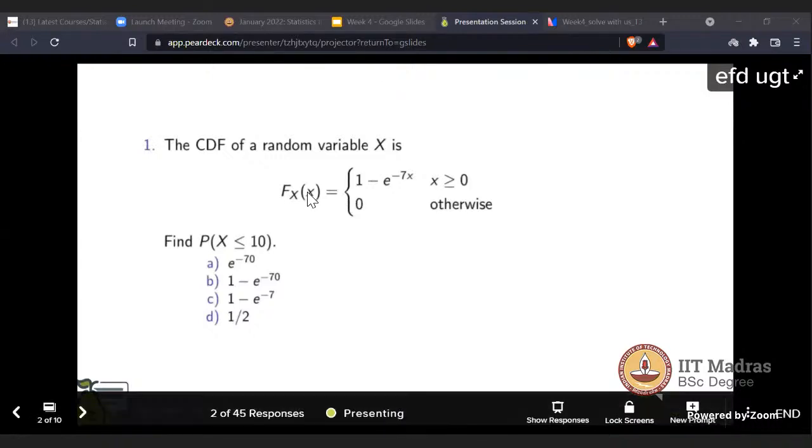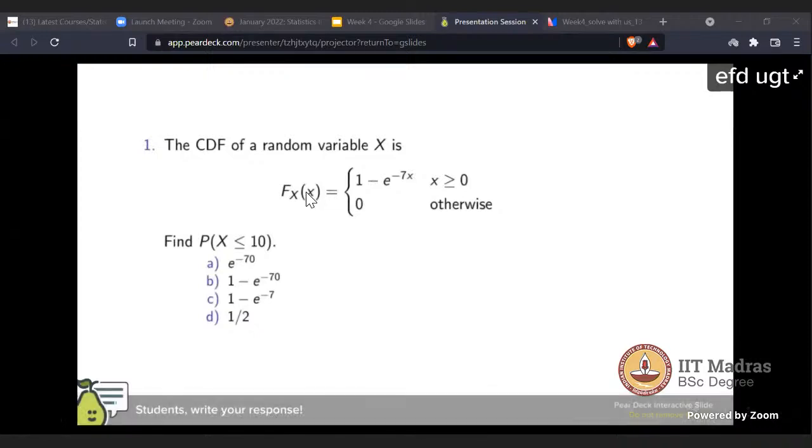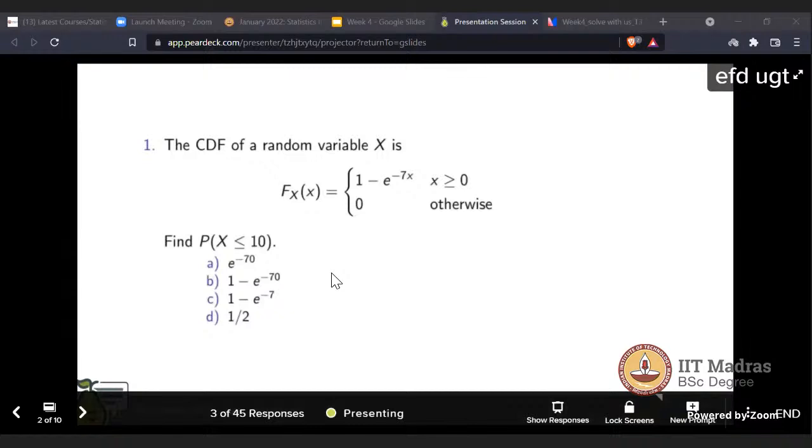The CDF of the random variable is given to you. I hope the question is clear. I will wait for 2-3 minutes, then we can proceed with the solution.